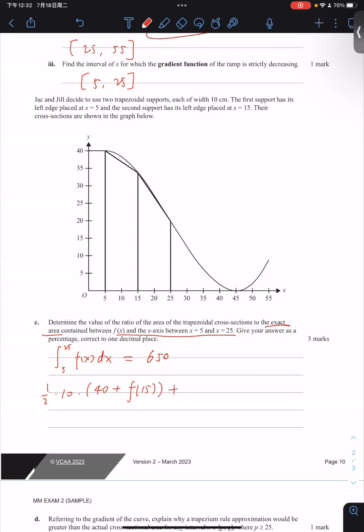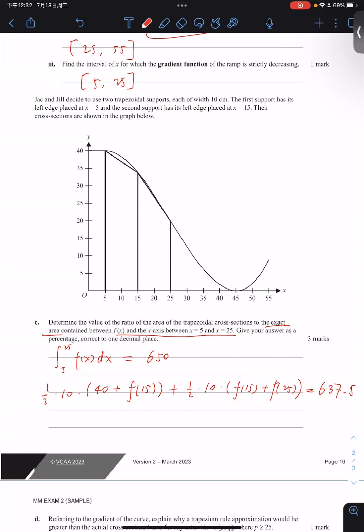And then for the second one, we would have half times 10 times f(15) plus f(25). And then you can use your CAS, work out your area. And that is equal to 637.5, all right?